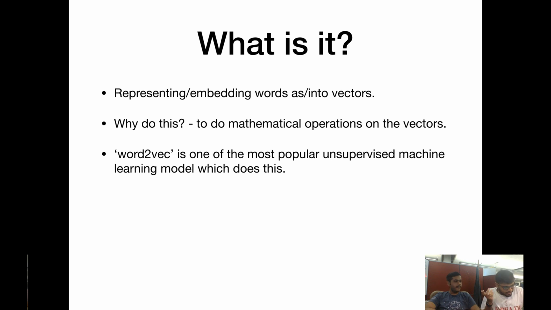So given a word, let's say an apple, we cannot do any mathematical operations directly on the word. That's why we represent it as a vector, let's say 0.5, 3.2, and so on, and we can now do mathematical operations on this vector.